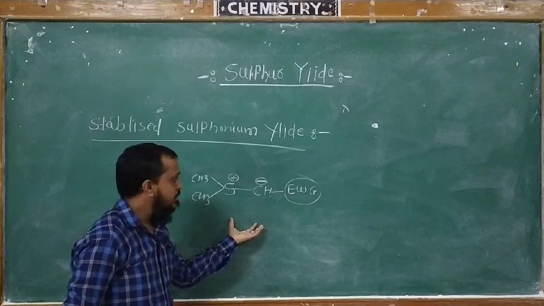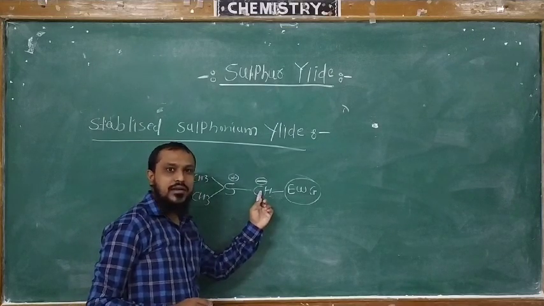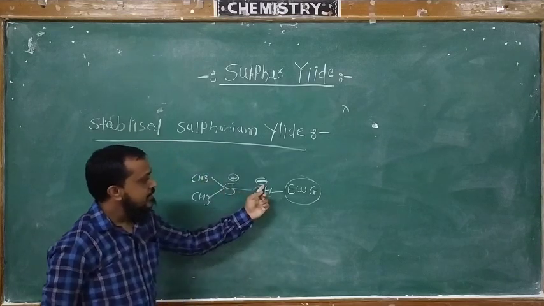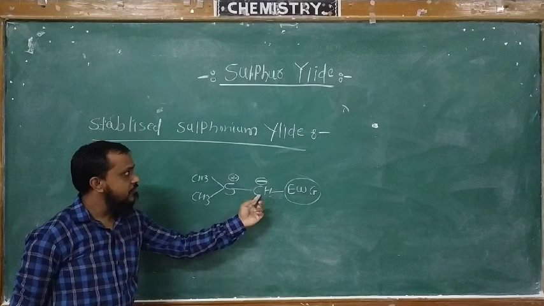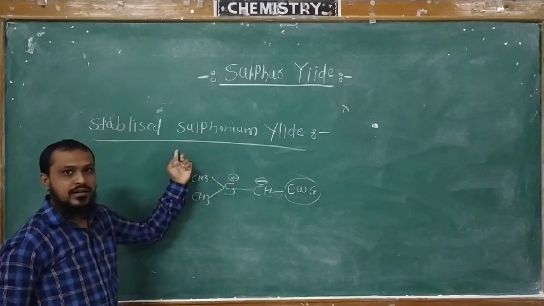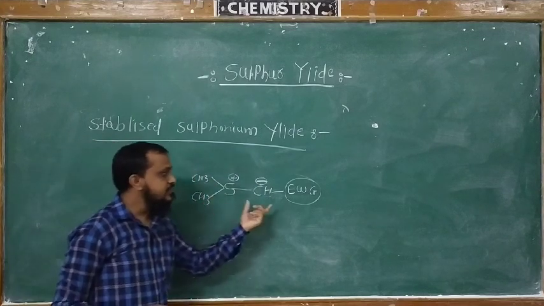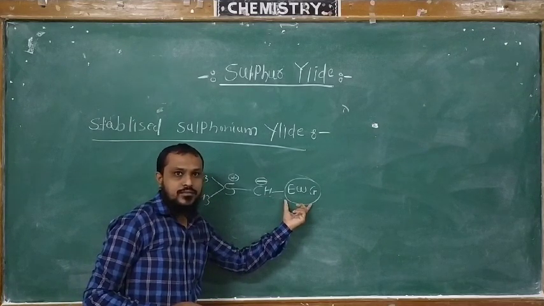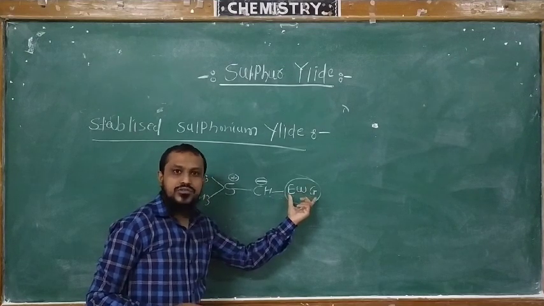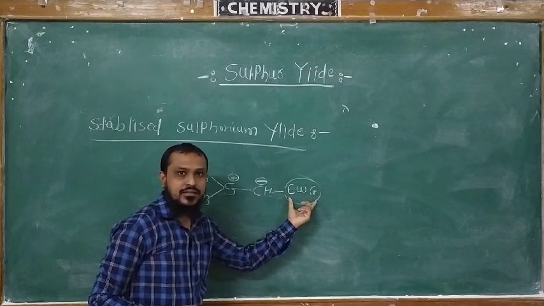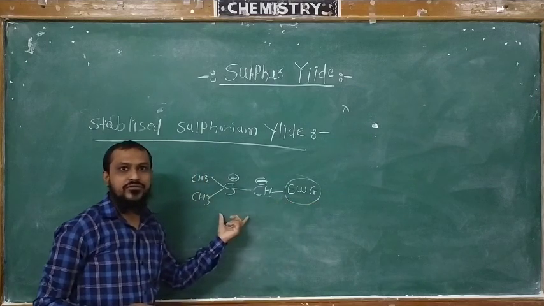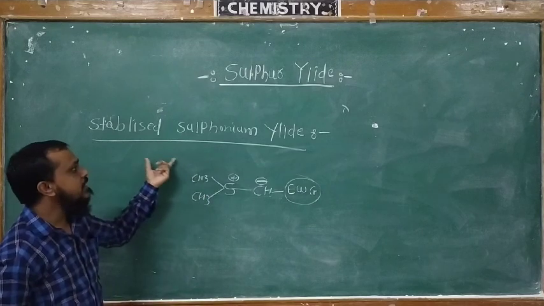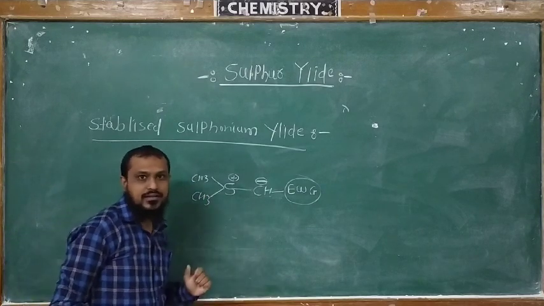When the nucleophilic carbon atom of sulfonium ylide is attached with the electron withdrawing group with a resonance and inductive effect, then these types of sulfonium ylide are called stabilized sulfonium ylide.